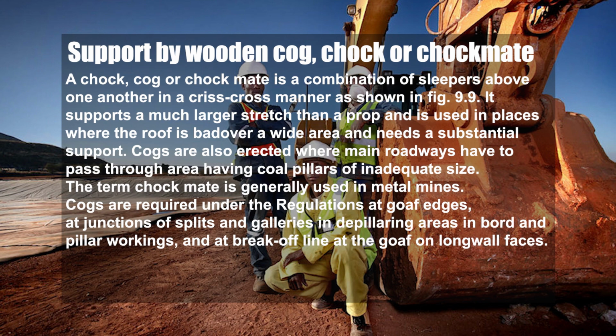The term chock mat is generally used in metal mines. Cogs are required under the regulation at gouge edge, at junctions of split and galleries in tippling area, in board and pillar workings and at break of the gouge on longwall faces.